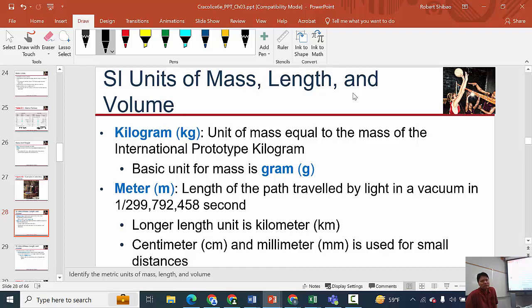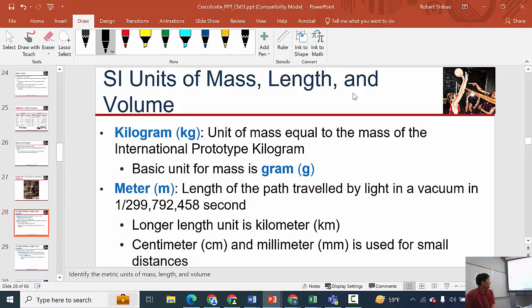We don't always use SI units in chemistry. In physics, they're pretty consistent. They'll use SI units. Chemists, it depends on what type of chemistry you're doing, but most chemists will use the gram. The gram is not SI. The kilogram is SI. But they're related.